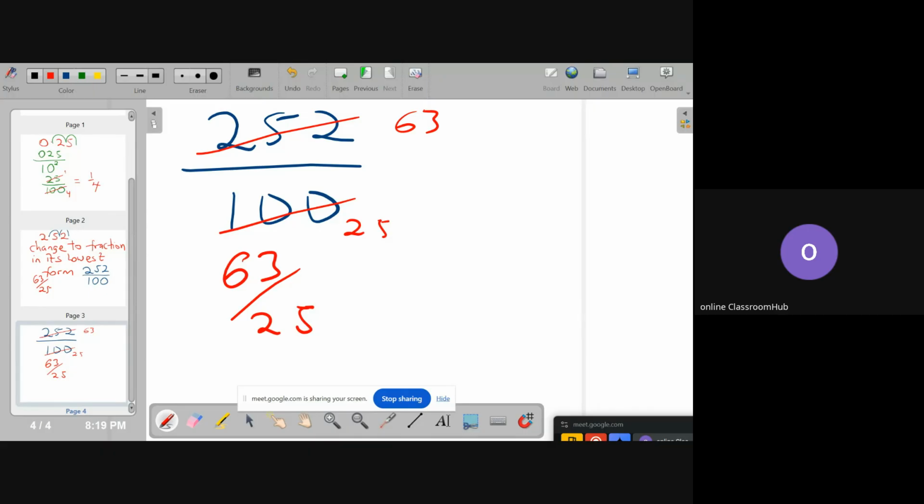And because this is an improper fraction, we need to convert it, even though you were not told, but it will be appropriate.